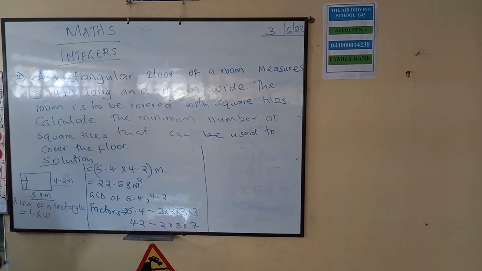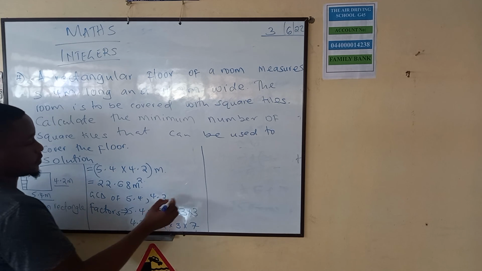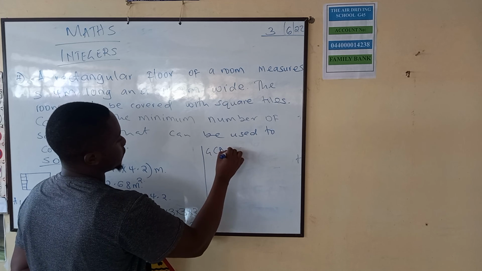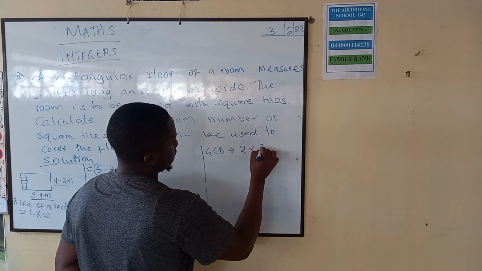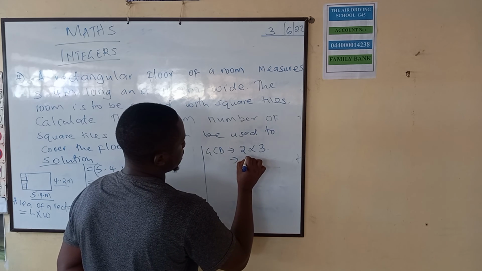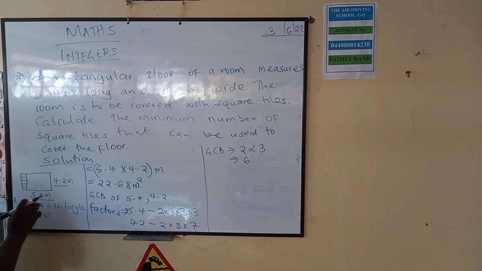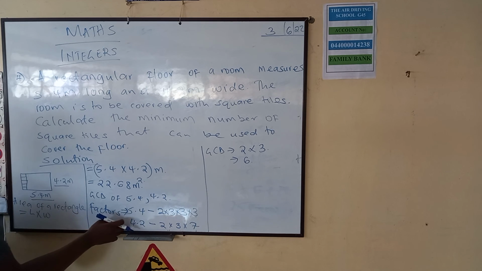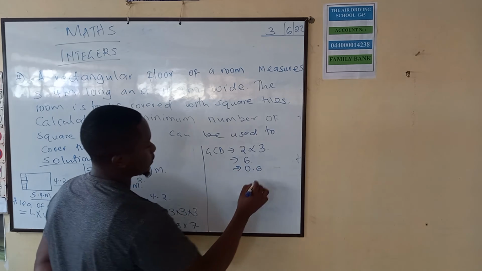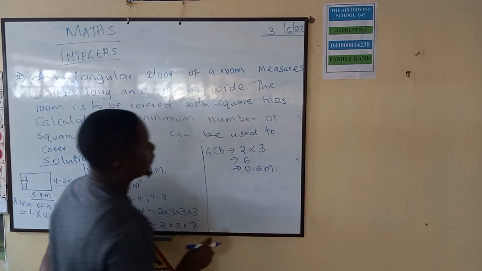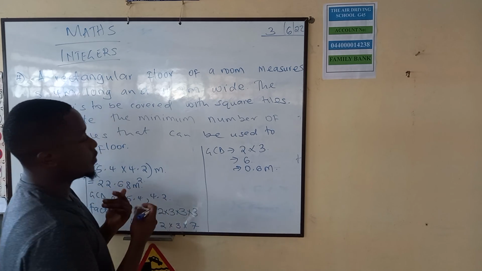Now from this we can get the GCD. Our GCD here will be 2 times 3, that makes it 6. But since we are dealing with decimals from the factors, we'll make it 0.6. This is just one side of the square tile. We need to calculate now the area of the square tile.